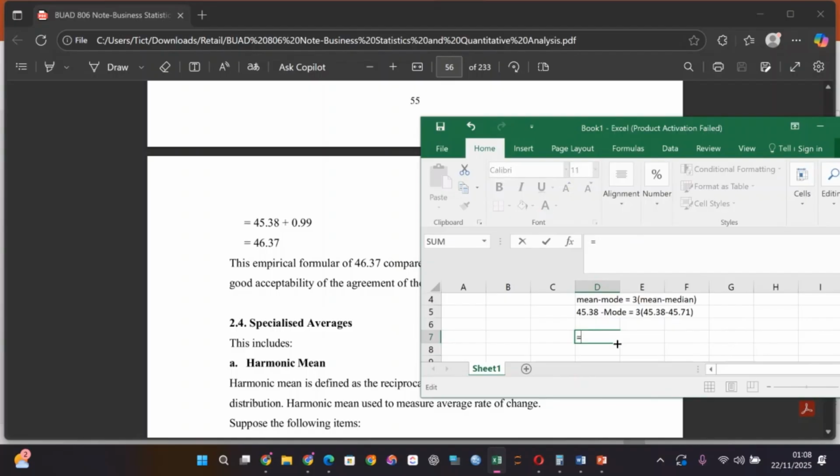So I have equals to 45 point 45. Now what will happen here is this. You have already substituted the values into this answer. The next thing you are going to do is make the mode the subject of the formula.